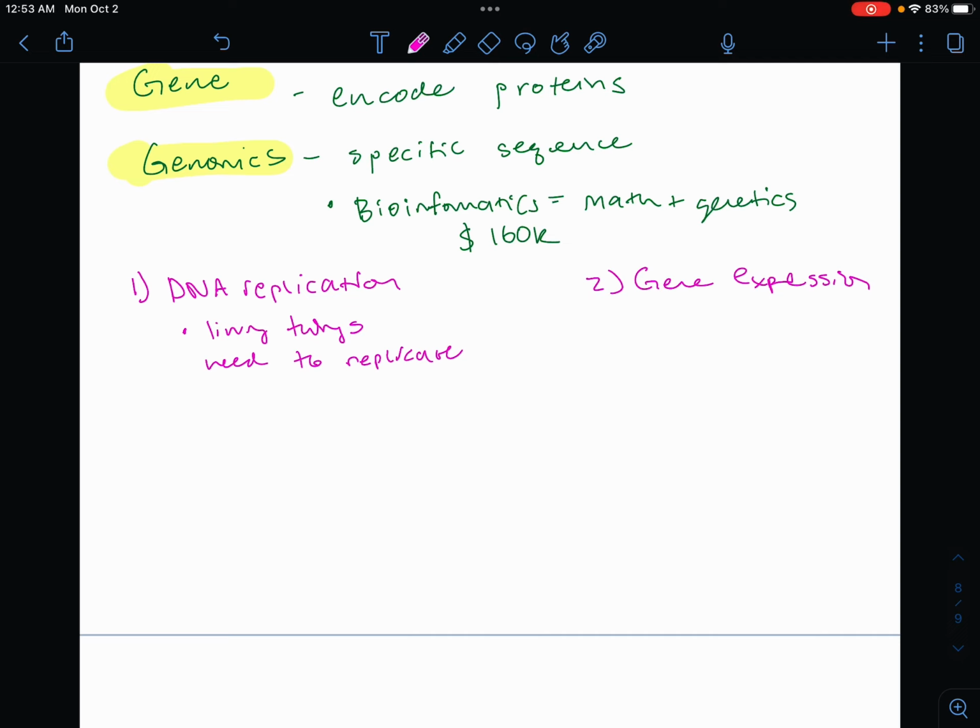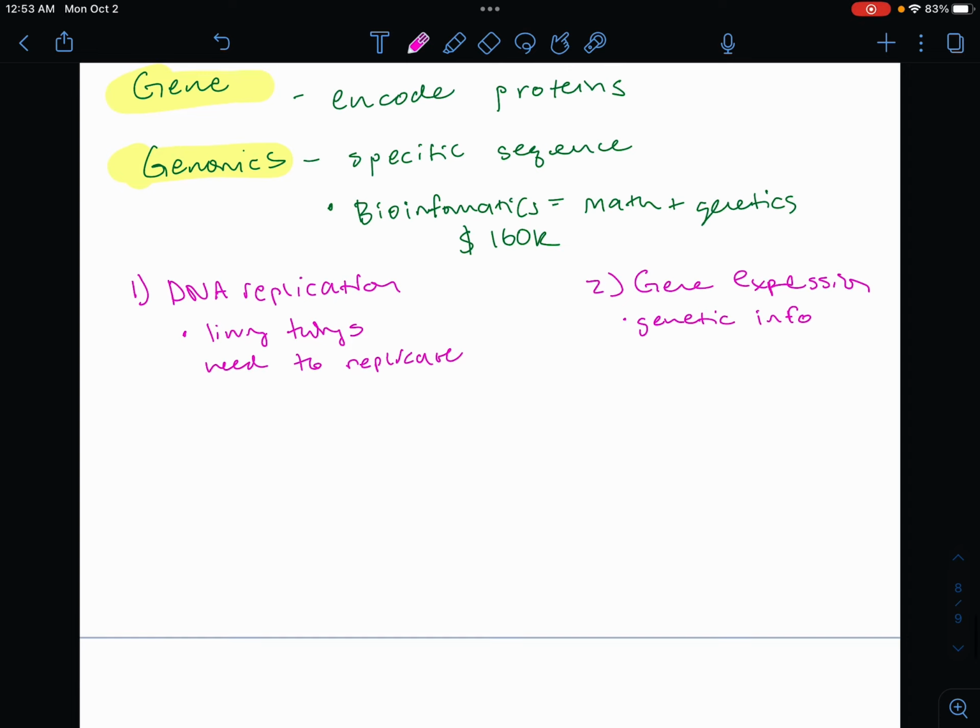Gene expression, on the other hand, in order for this genetic info to actually have a purpose to where it exists, it must make a protein.